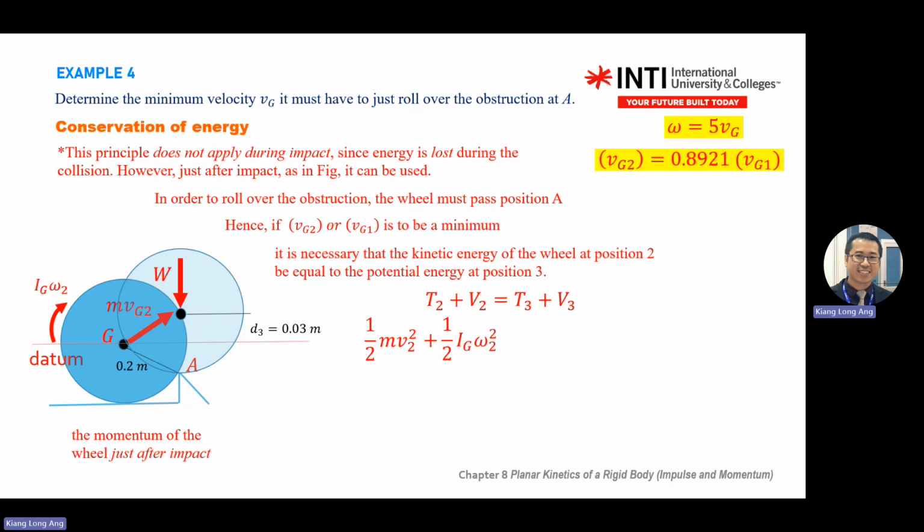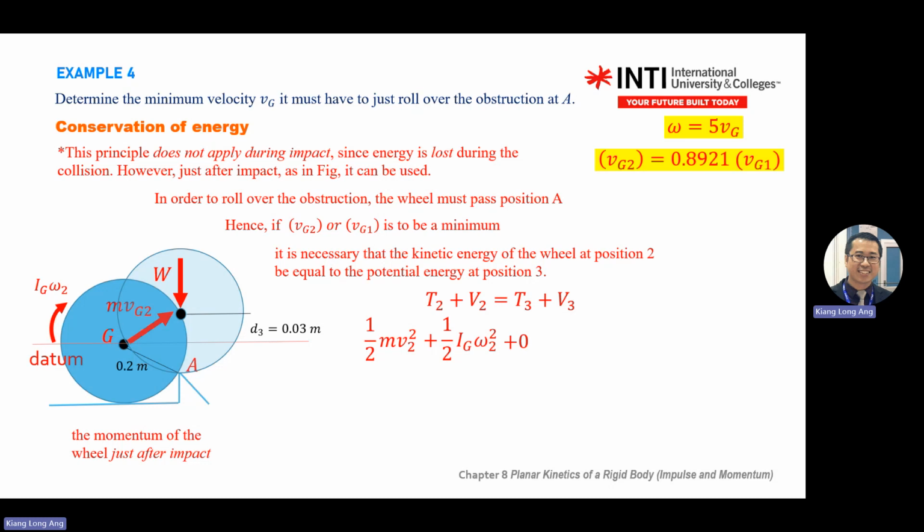Put it in the equation: kinetic energy for translation is half mv squared. For a rotating rigid body, you need to memorize that it is half Ig omega squared. Then the potential term is mgh, and there is no change of h here.